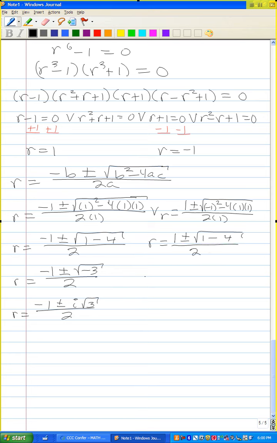And so let me do that. So I have that, well, negative 1 equals a1 r cubed. So let me use that. So negative 1 equals a1 r cubed. Okay, so negative 1 equals a1, well, negative 1 cubed is just negative 1.